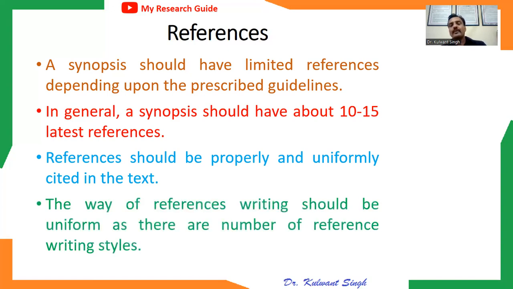The way of writing references should be uniform, because there are many reference styles, or you can use any software for reference management, like Mendeley Reference Manager. There is another video on how to use Mendeley as a reference manager, so I will add the link in the description.